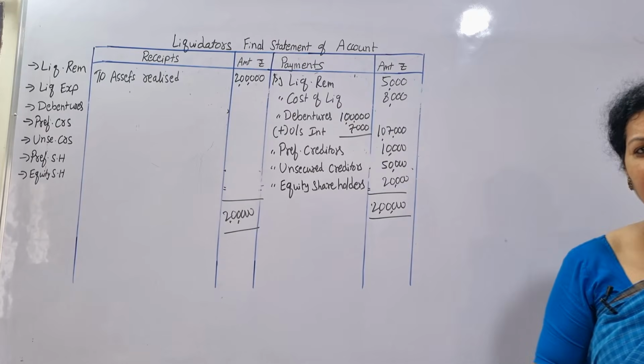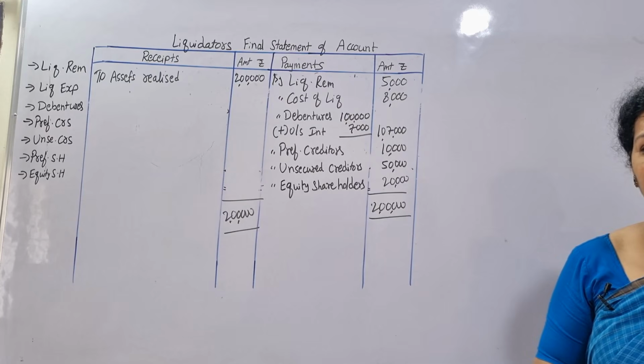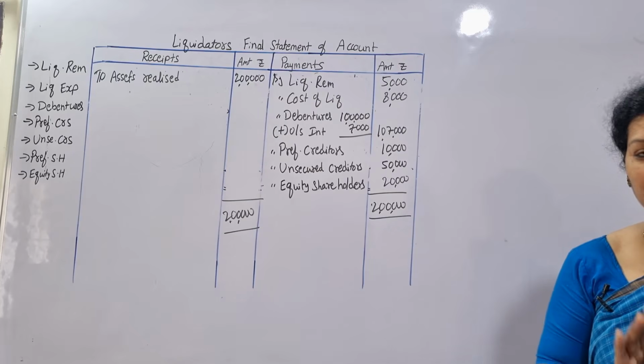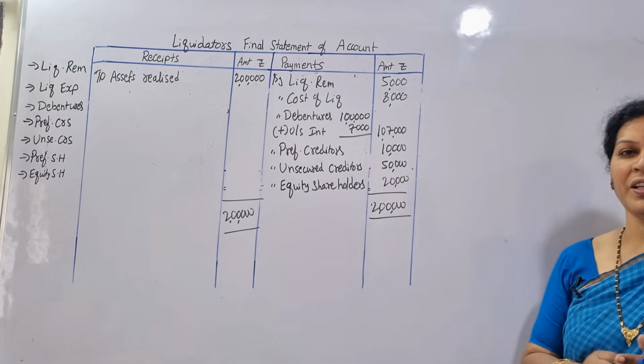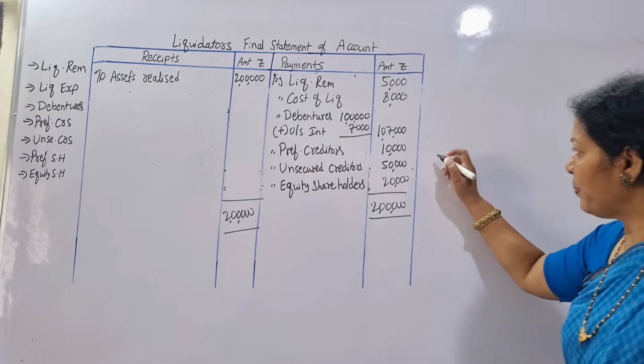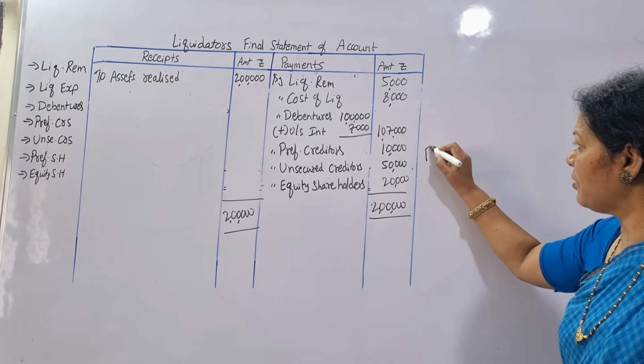How many shares are there? 10,000 shares, and each share costs 10 rupees. But now here we are able to pay only 20,000.